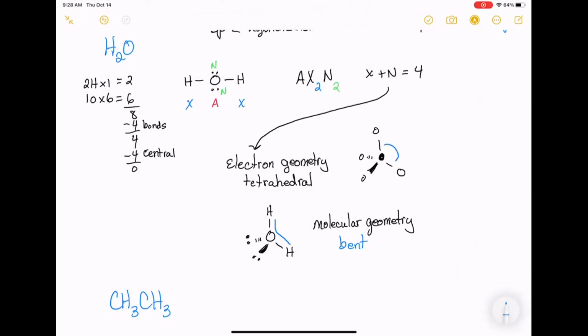The ideal bond angle is 109.5 degrees in the tetrahedron. Technically, in water, it is going to be less than 109.5.